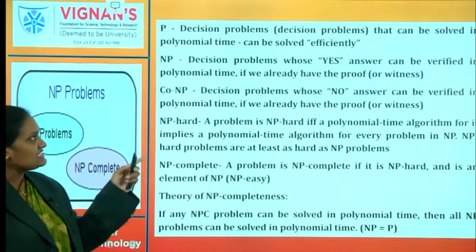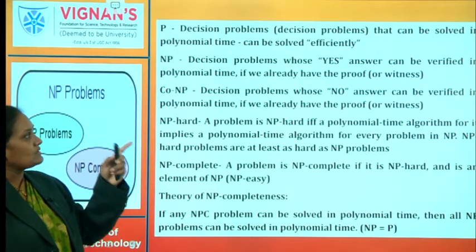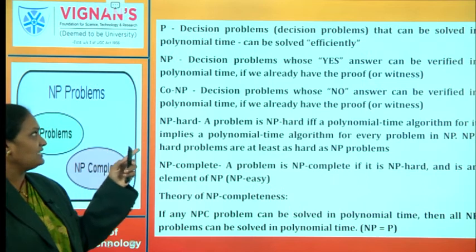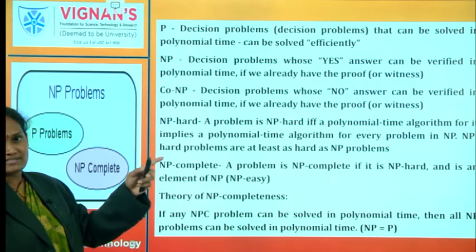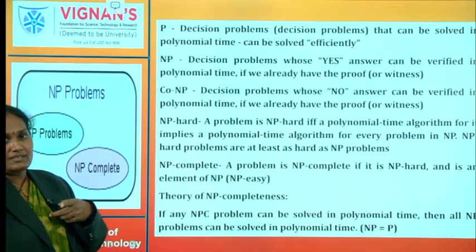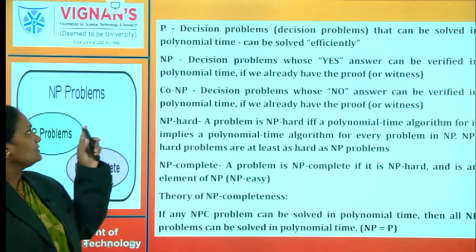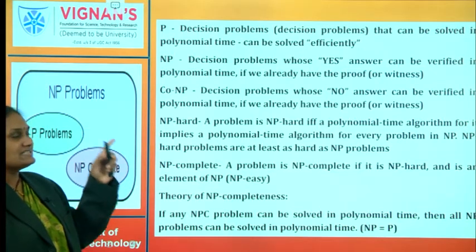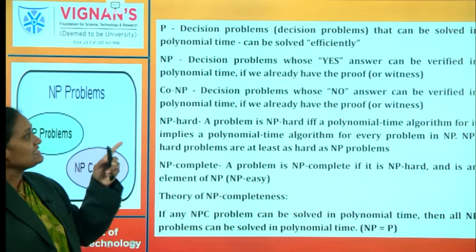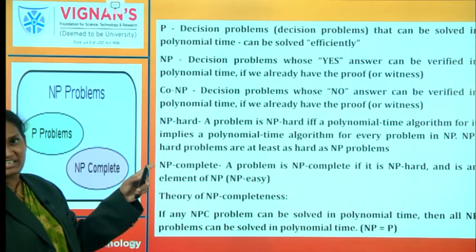NP problems. The decision problems whose yes answer can be verified in polynomial time. I already said that a decision problem gives the solution as either yes or no. Now NP problems means the decision problems whose yes answer can be verified in polynomial time.